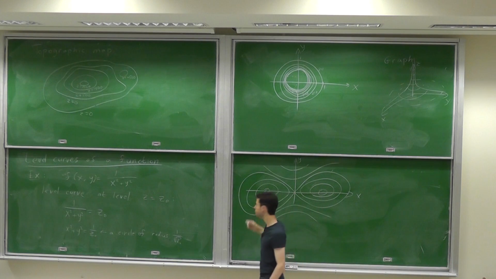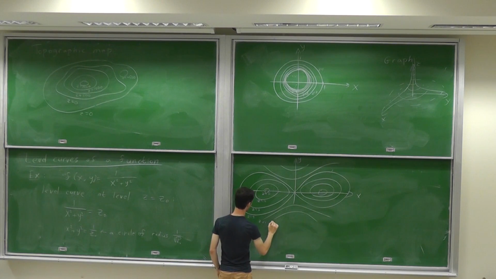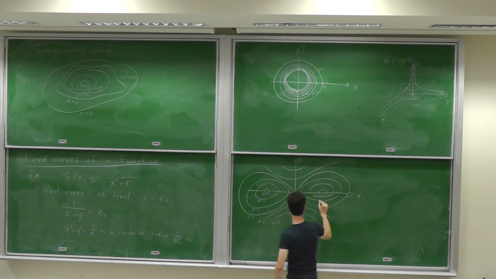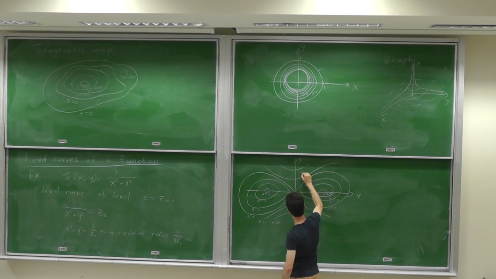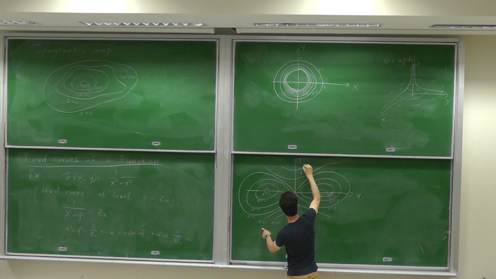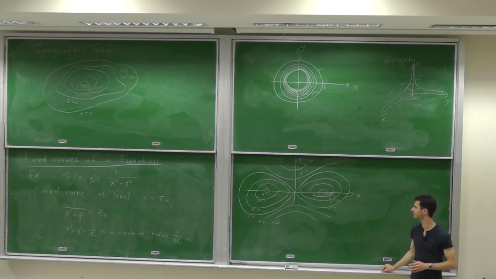If you have also the labels, something like z equal to 1, 5, 0, 1, 0. Well, now the picture is much more clear.